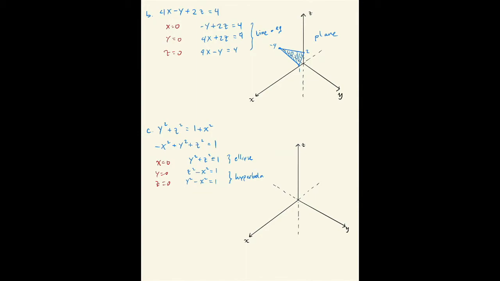The zx plane hyperbola, so maybe there. And then xy. Actually, it's not an ellipse. It's more like a circle, right? It's a circle.